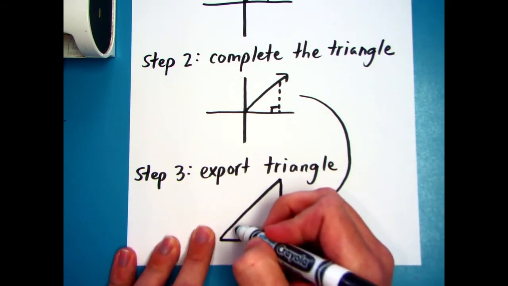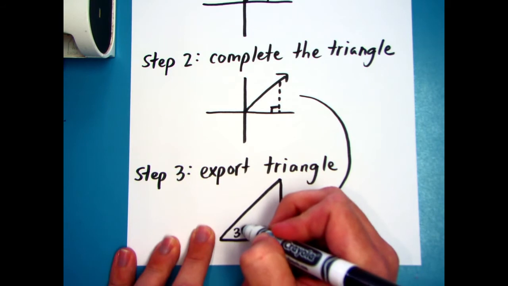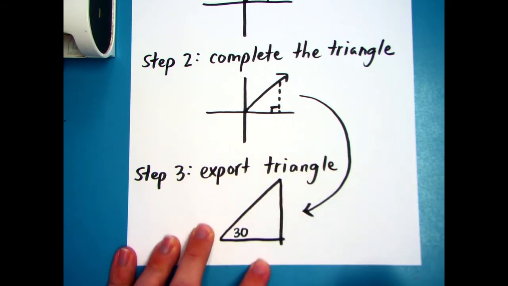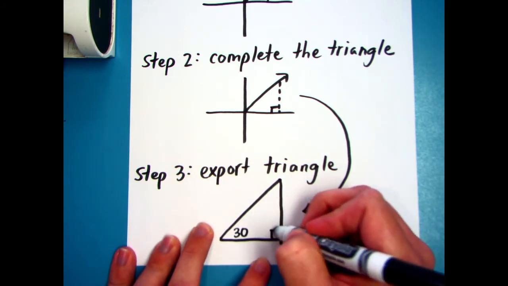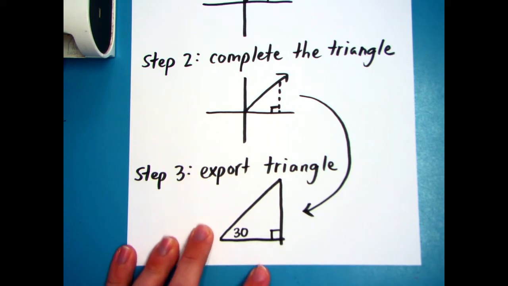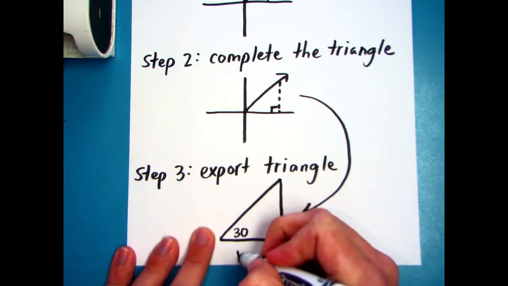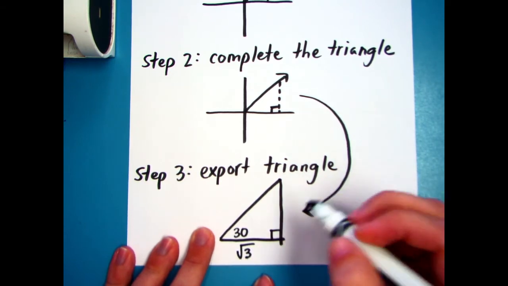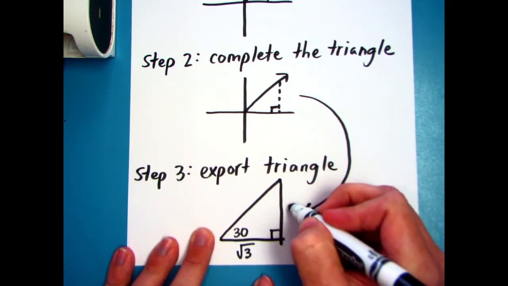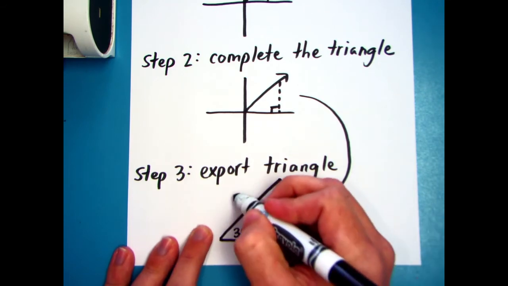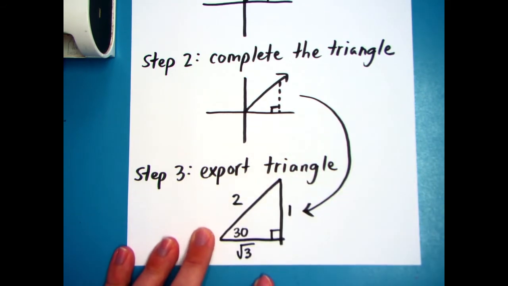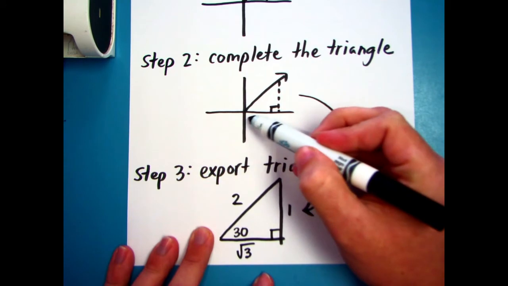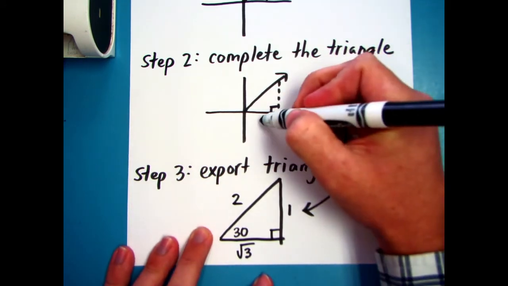I'm going to fill in all the angles and sides. From step 1 and step 2, that angle was 30 degrees. So that innermost angle is 30 degrees. It's a 30, 60, 90 triangle. So I can fill in the rest of my sides as root 3, 1, and 2.